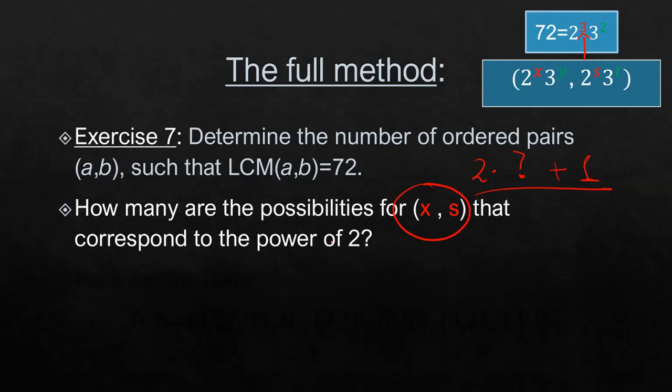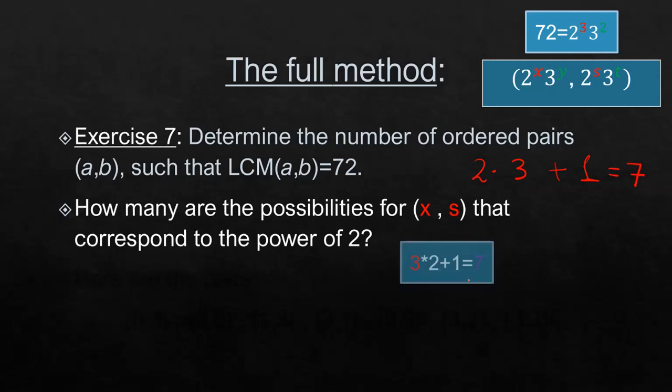Seven, you're saying. Where did the 7 come from? 7, yes, because I have 2 times 3, because the exponent of 2 is 3. Okay, that's a 7. So for the choices of x and s, I was going to have 7 cases, all right? That's good, 7 cases.